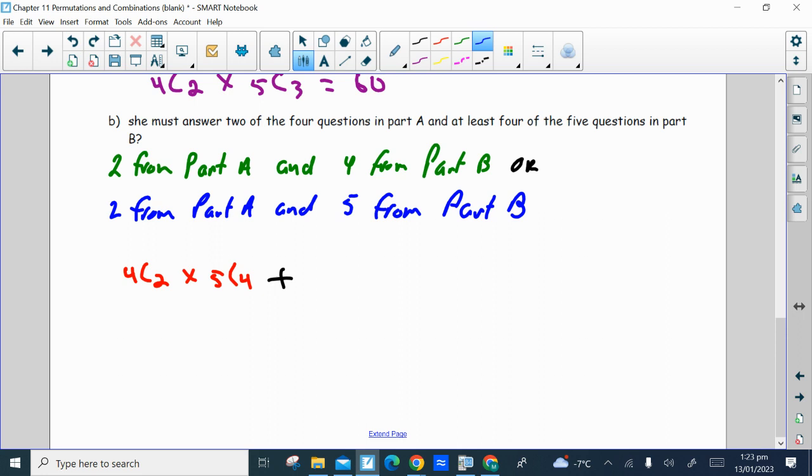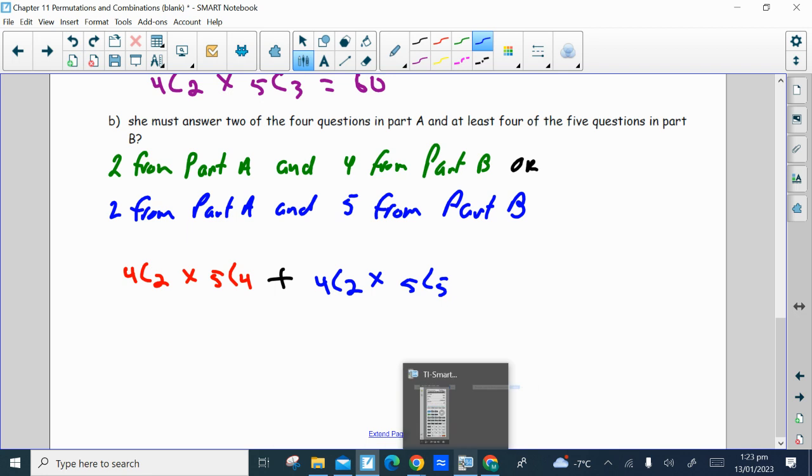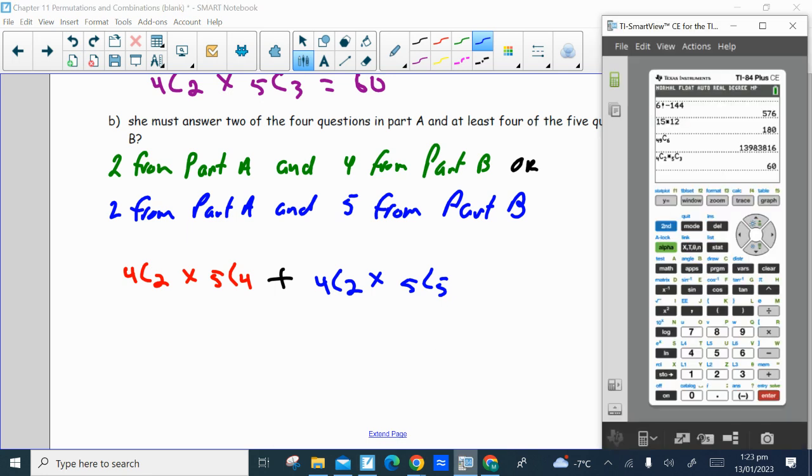So then we go to our second scenario, which is 2 from Part A times all 5 from Part B. And 5C5 is 1. Right? If you're selecting 5 from all 5 and changing the order doesn't matter, there's only one way you can do that. You're going to select them all. 5C5 is 1. But we'll put all these in our calculator.